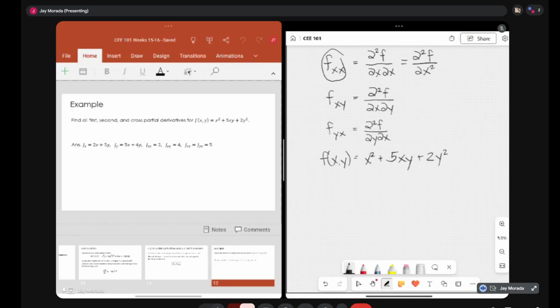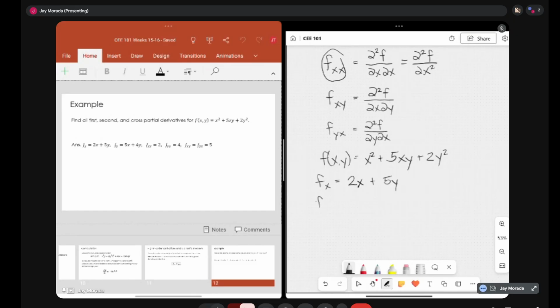First partial, let's say partial f with respect to partial x. So the first term will become 2x. The second term will become 5y, since x is differentiated to 1, then 2y squared will become 0.